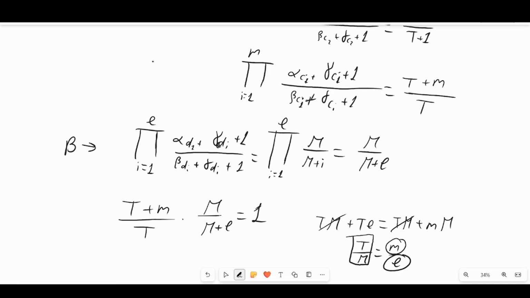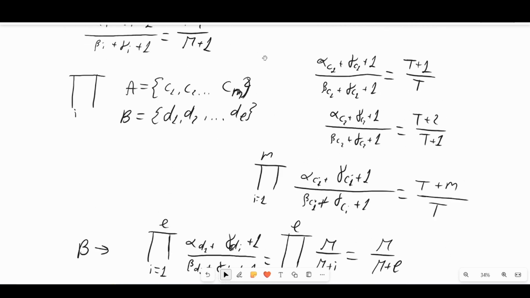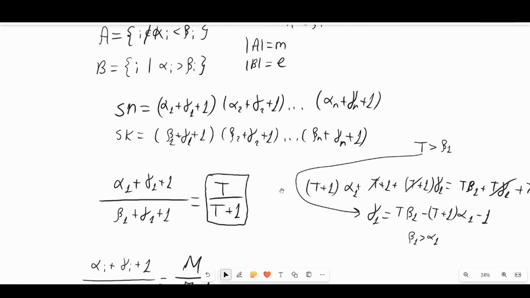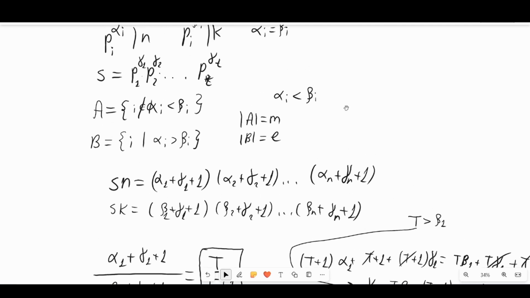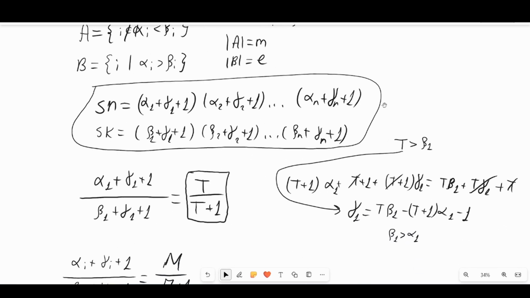So if we plug this into our problem and use these substitutions, we can take these new integers s, s times n and s times k, which will have the same number of divisors. So the main idea in this problem was to use this formula for the number of divisors and then think how to construct new integers whose ratio of the number of divisors for each prime p will be t over t plus 1.